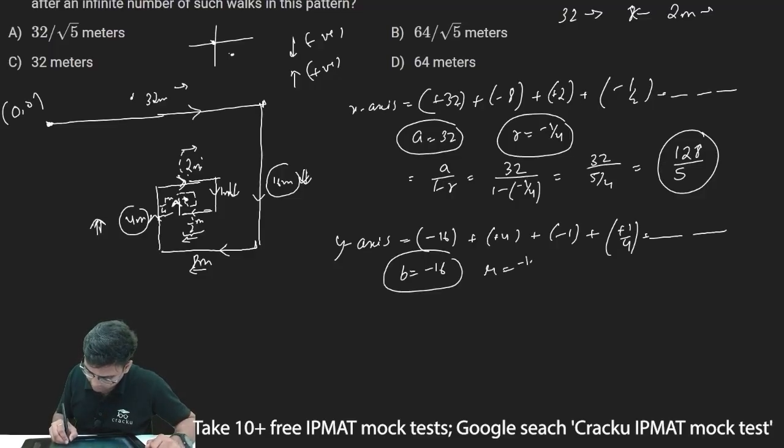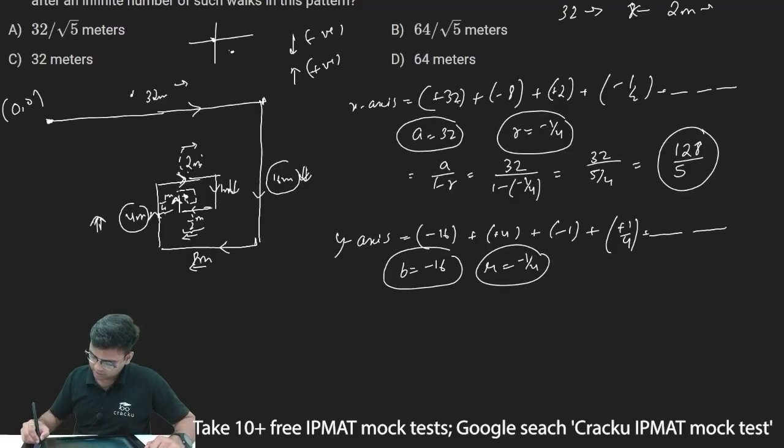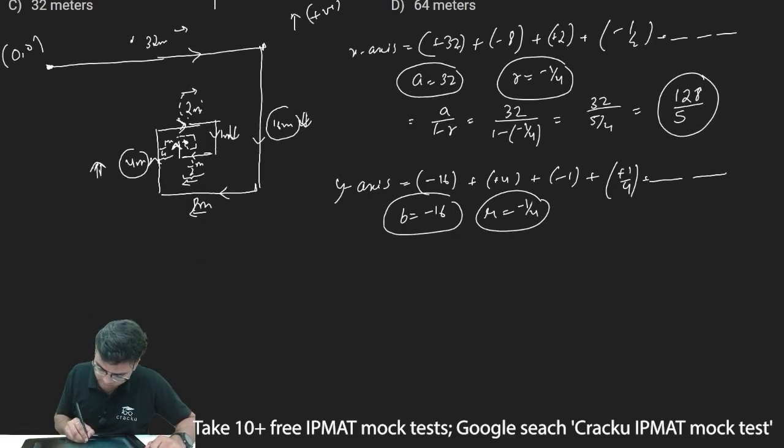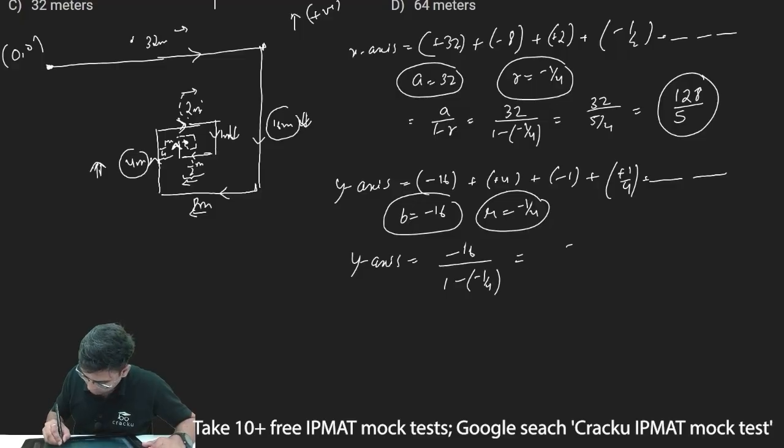So again the ratio is minus 1 by 4 only. So the total y coordinate will be b upon 1 minus r, which is minus 16 upon 1 minus (minus 1 by 4). So this is equal to minus 16 upon 5 by 4, and therefore this will be equal to minus 64 by 5.